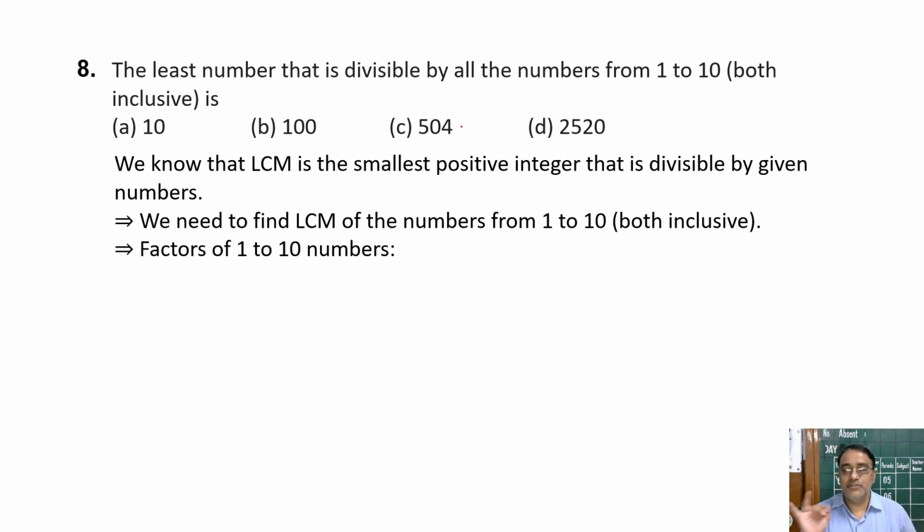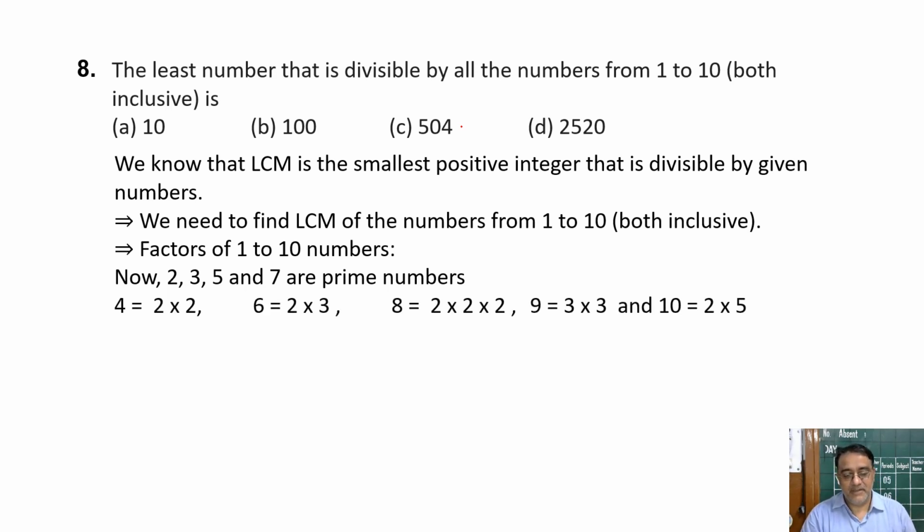Now 2, 3, 5, 7 are prime numbers, so their factor will be the same number. We can't take 1 here because we have to take only prime numbers. Now 4 we can write as 2 into 2, that is 2 square, and 6 is 2 into 3, and 8 is 2 cube, 9 is 3 square, and the last is 10, 2 into 5.